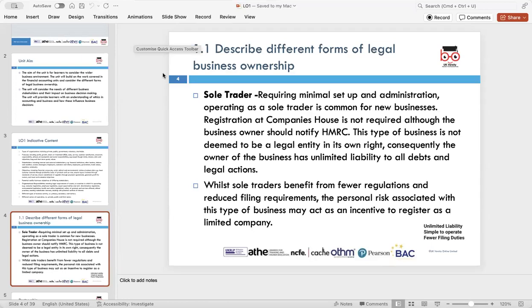The personal risk connected with this type of business may function as an incentive to register as a limited company, although sole traders benefit from fewer laws and lower reporting obligations. The liability is unlimited, it is quick and easy to use, with less filing responsibilities.